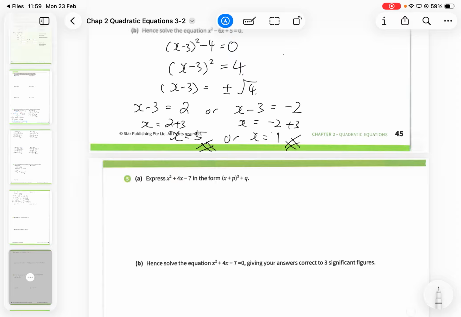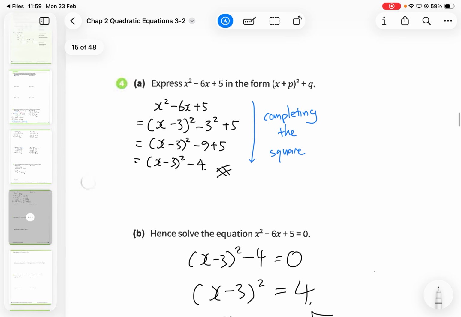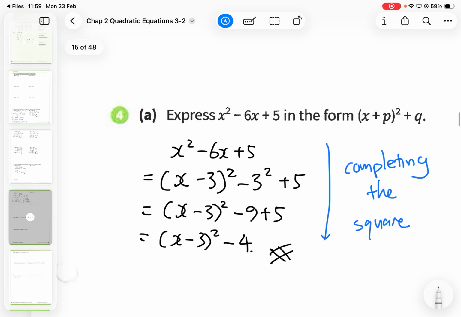I just need to put my 11 on the other side and then take square root. Square root, cancel away the square. Then square root of 11. Then I will have x equals to negative 2 plus square root 11 or x equals to negative 2 minus square root 11. Then press calculator.